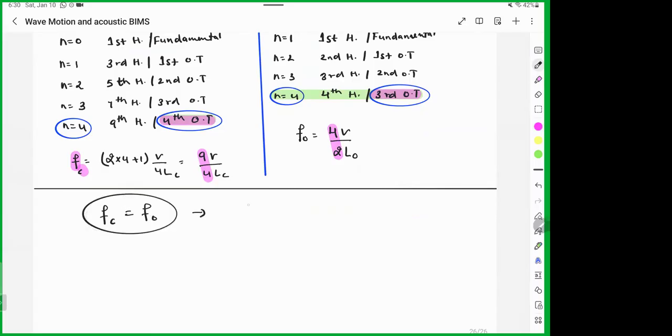What is the frequency of closed organ pipe? 9V by 4 length of the closed organ pipe equal to 4V by 2 length of the open organ pipe. Correct? 2 to the 4. You have to calculate LC by LO value. V will be cancelled. 9 by 8.